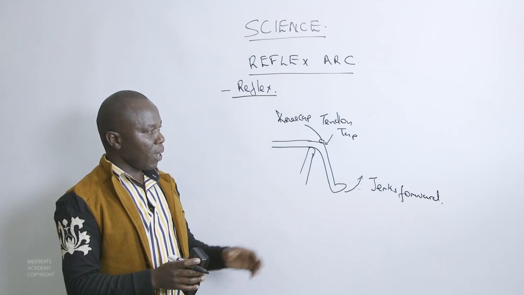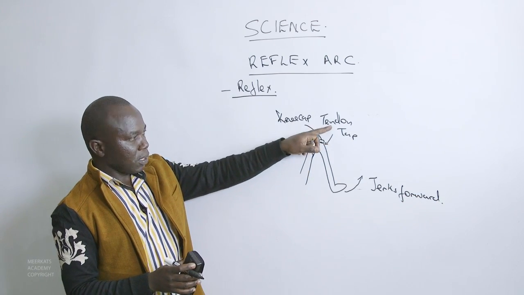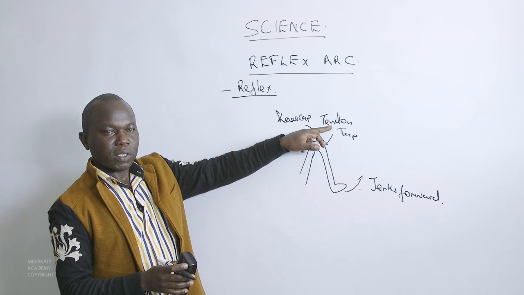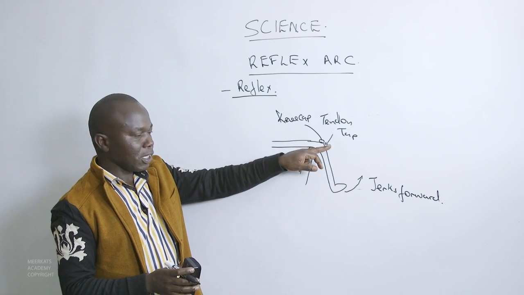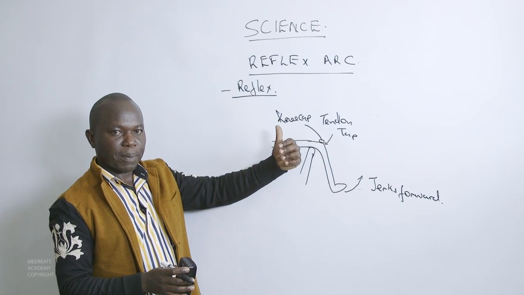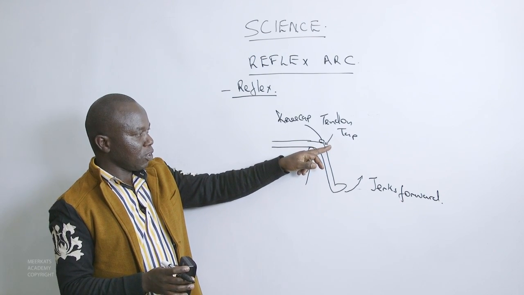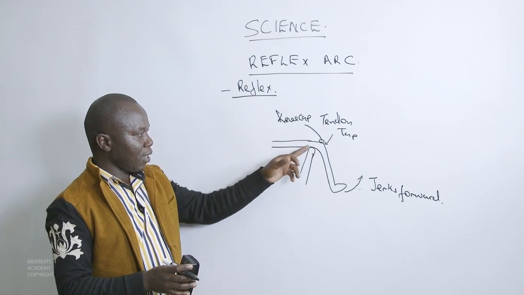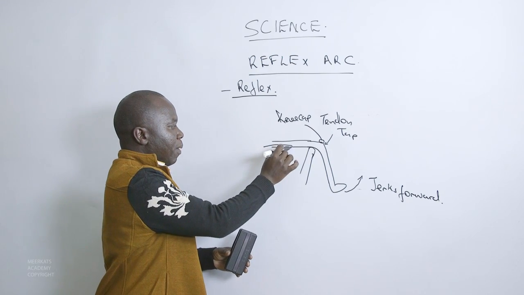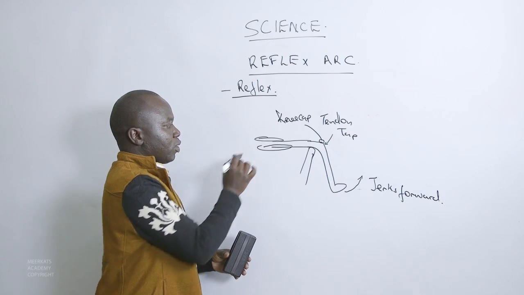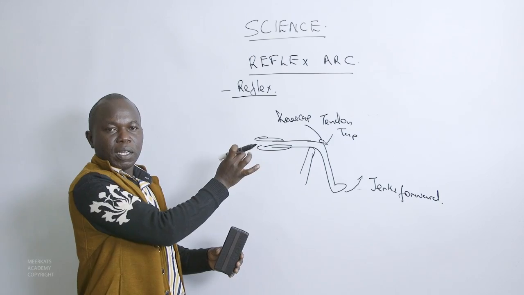Why? Because when you hit this tendon, it stimulates the stretch receptors here. The stretch receptors will send an impulse through a sensory neuron to the brain, and then the brain will interpret and relay back to the thigh muscles. The thigh muscles will contract.